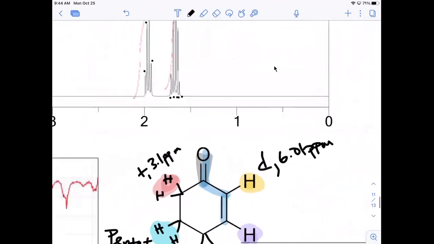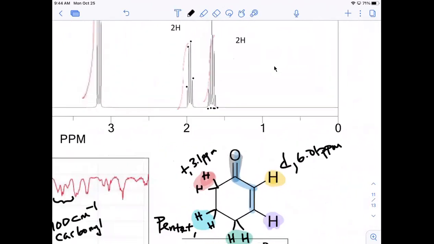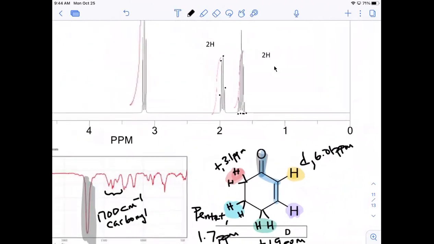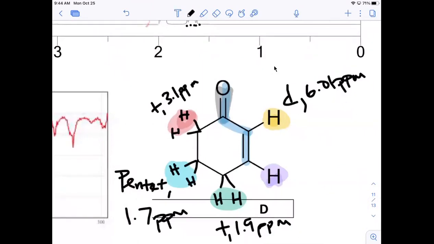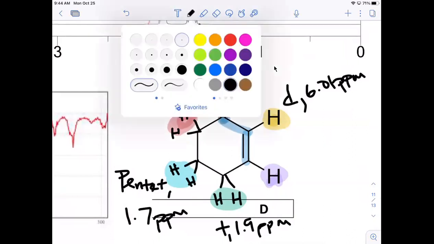All right, and then here, this purple proton, because of the multiple non-equivalents around it, it's going to split with this set of protons right here.